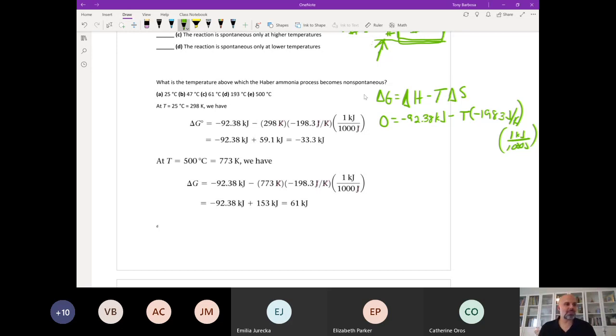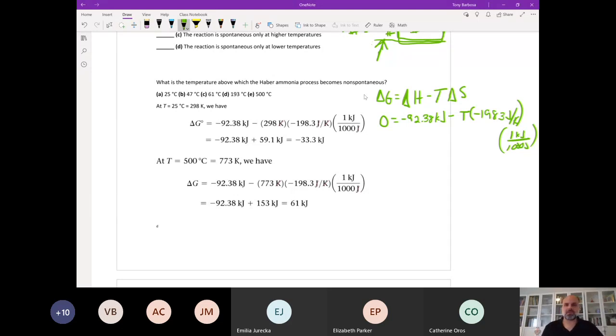Hopefully everybody's solving for T by now. If you solve for T, you'll find out that it's going to be 193 degrees Celsius once you convert that over into Kelvin. You need to make sure you're doing it in Kelvin, which ends up being 466 Kelvin.